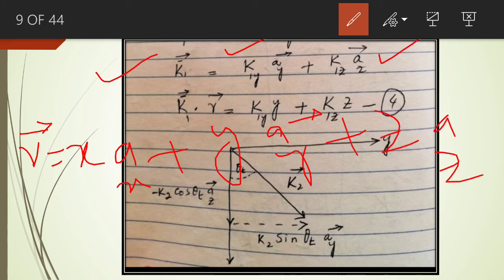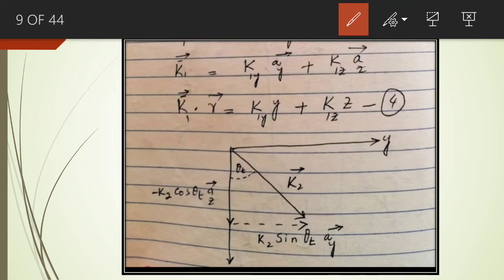So we considered a three-dimensional distance vector r, and we take the scalar product of k1 prime and this vector r. So the scalar product of k1 and r results in k1y plus k1z.